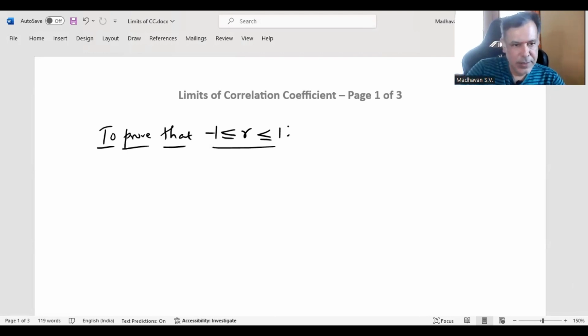So first, let us consider the following sum of squares.